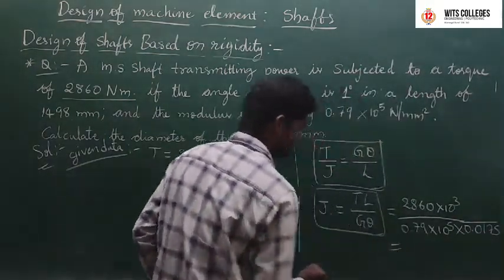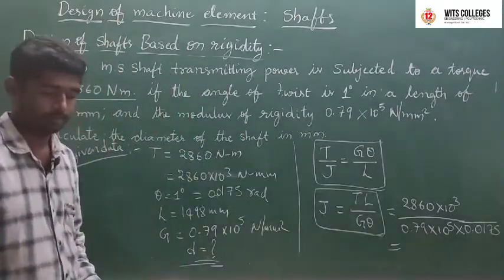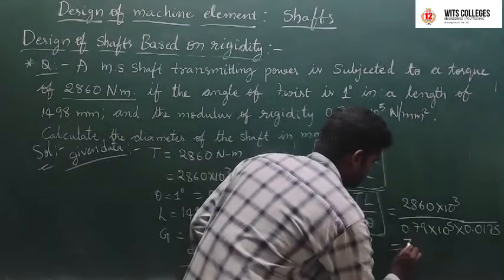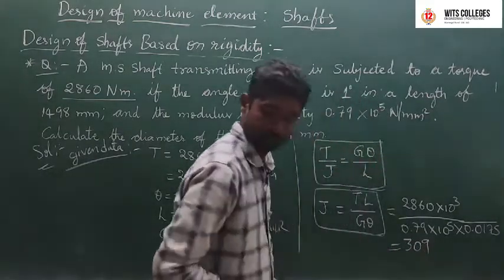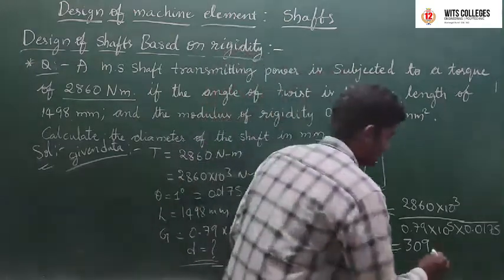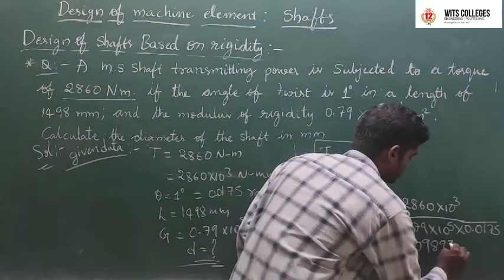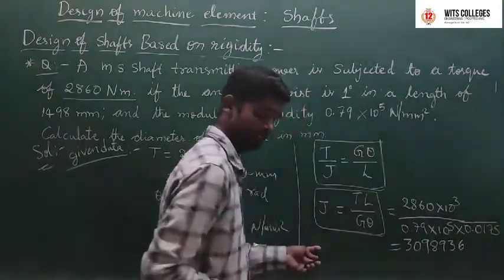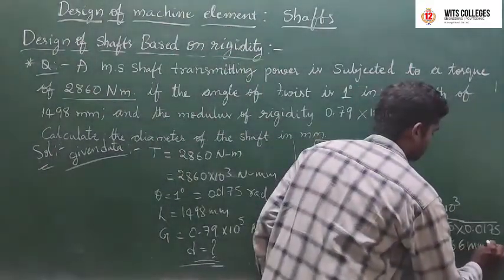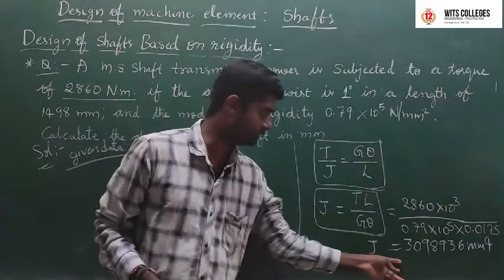Find J. The J value is approximately 3098936 mm to the power of 4.